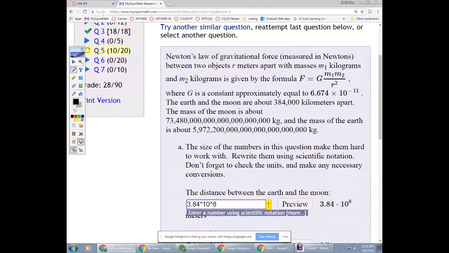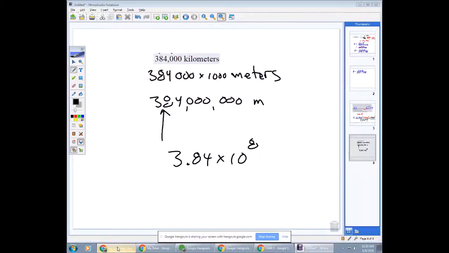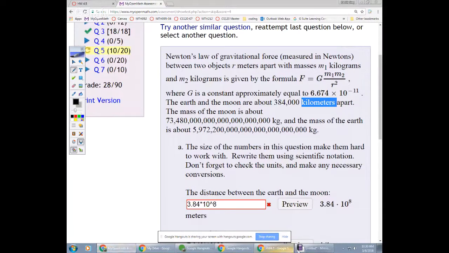They want it in newtons, yeah. And it says the two objects have to be r meters apart. What number did we plug in? We plugged in kilometers. Okay, so problem is, again, none of us got that fine print.